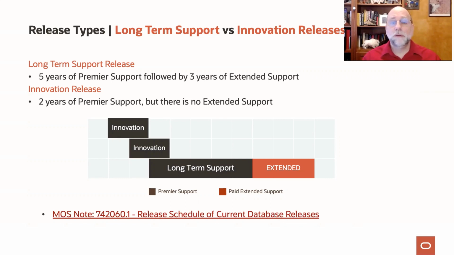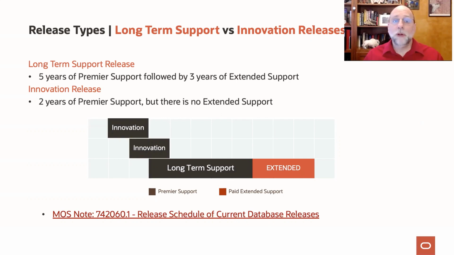Now, we also produce releases like 18c and 21c, and we call those innovation releases. Those are meant for customers who want earlier access to new features. Those new features, of course, will be in the later long-term release, but if you want them as early as possible, say you want, for example, the binary JSON data type that's in 21, and you want to start developing on that now because your application can take advantage of it, and you're planning on certifying on 23 when that comes out as a long-term release in a few years, you might want to get that innovation release into your development environment and start using it.